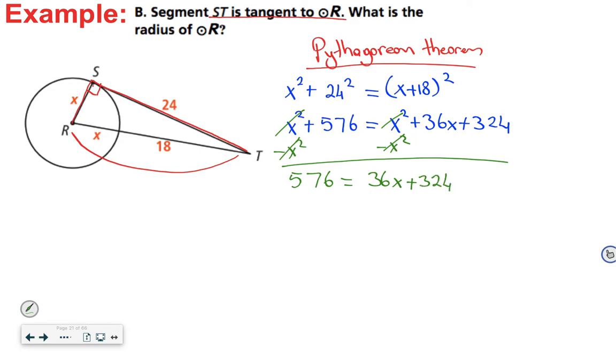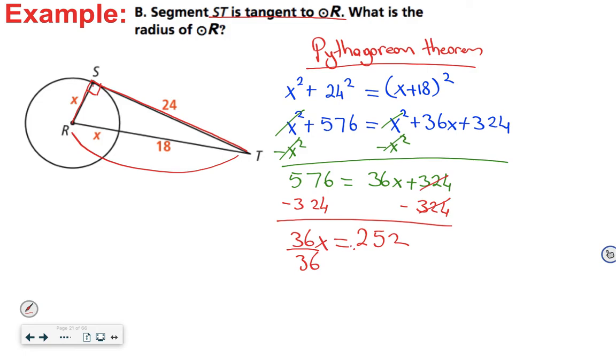If we subtract 324 from both sides, you will get that 36x is equal to 576 minus 324, which is 252. If we divide both sides by 36, you will get that x is 7. 7 is your radius.